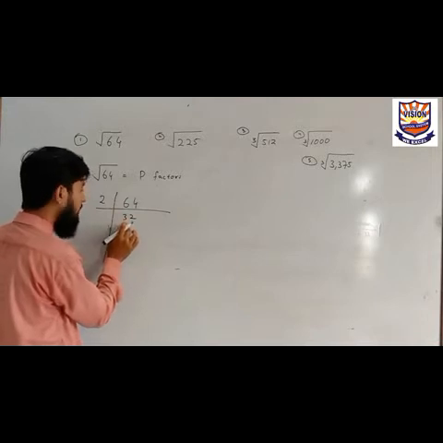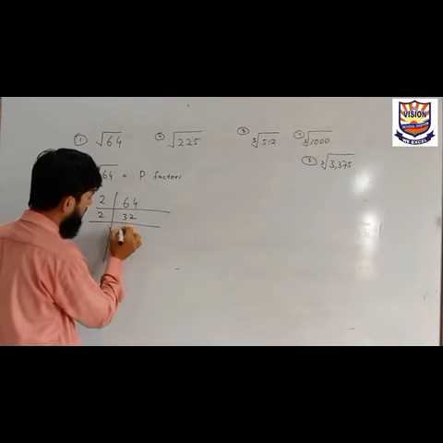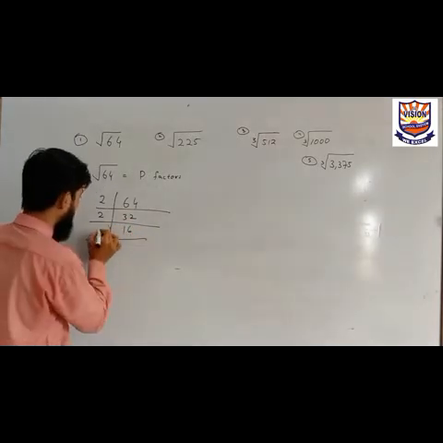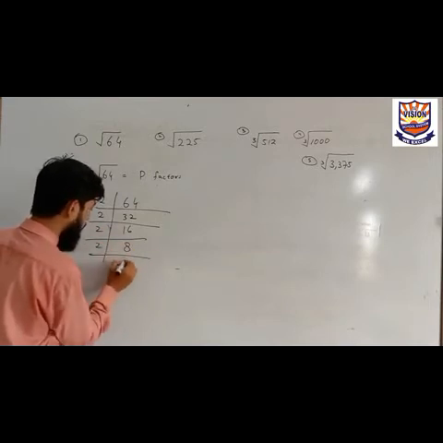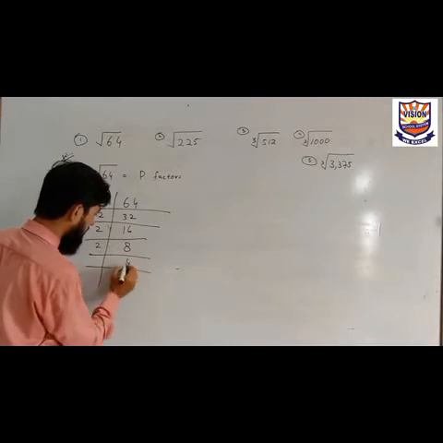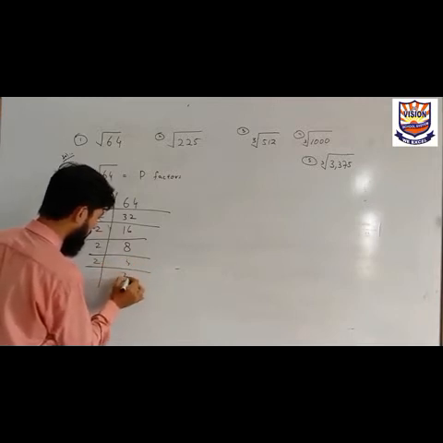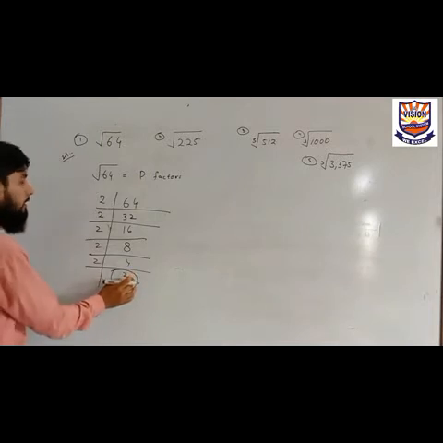Now again it is an even number, we can divide it by 2. 2 ones are 2, 2 sixes are 12, again 2 eights are, 2 fours are, and 2 twos. Now that's where we will stop when we find the prime number here.